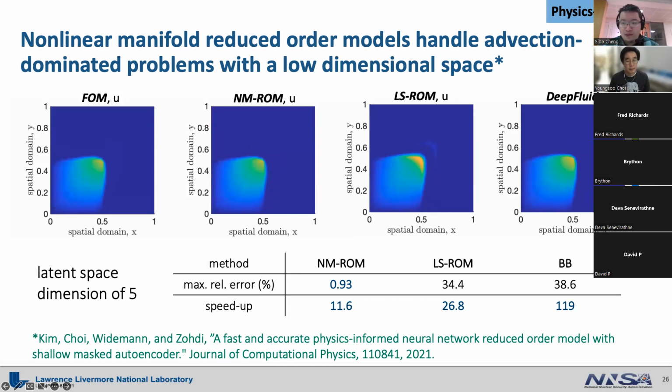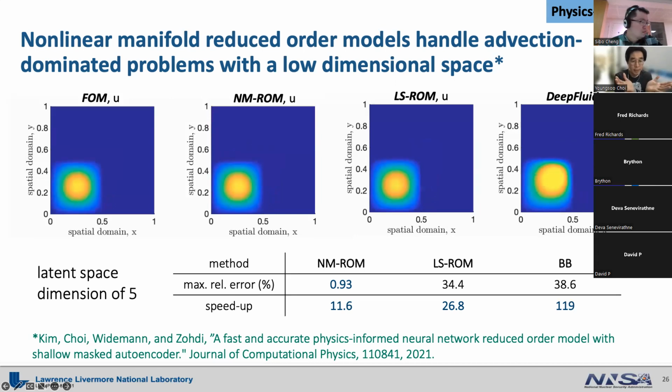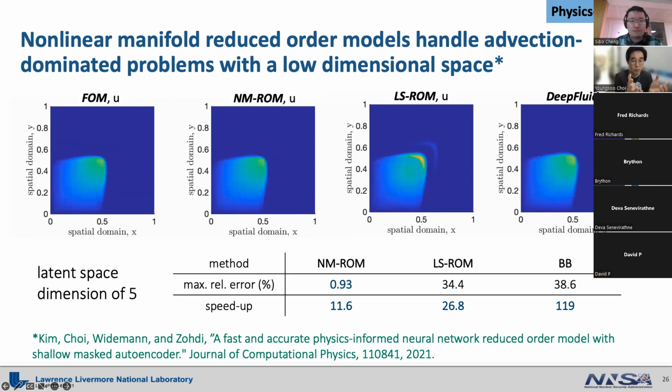Yeah, exactly. If you are familiar with the usual numerical schemes like finite element or finite volume, in each element you represent the solution with a set of polynomials, a predefined basis.